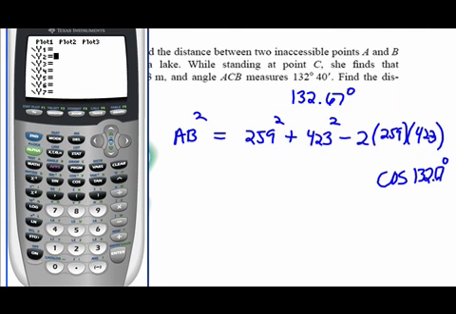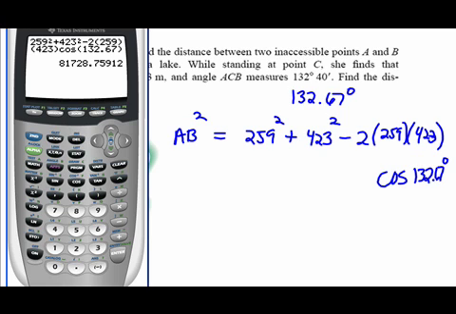We'll say, calculator, we need you to take 259 squared plus 423 squared minus 2 times 259 times 423 times the cosine of 132.67.